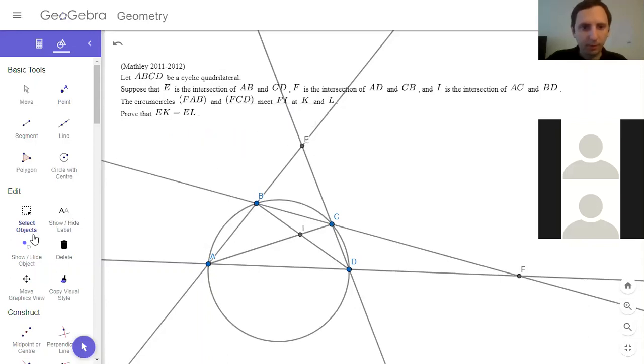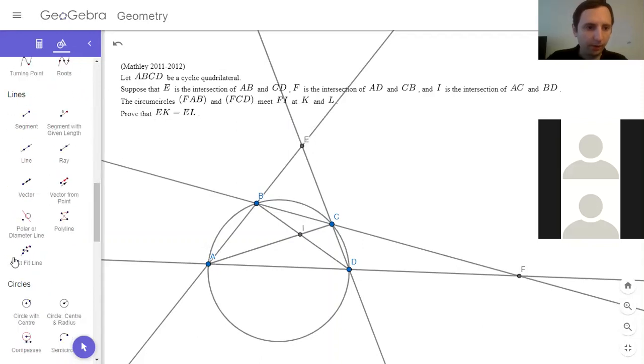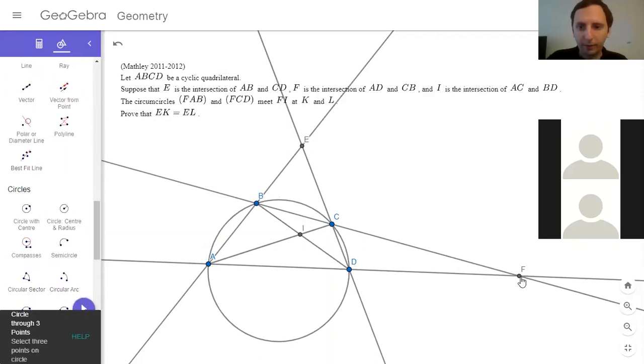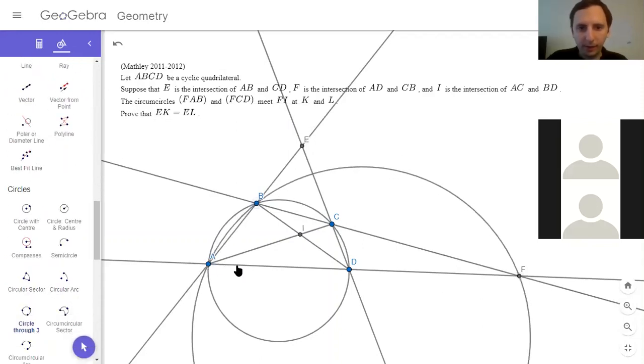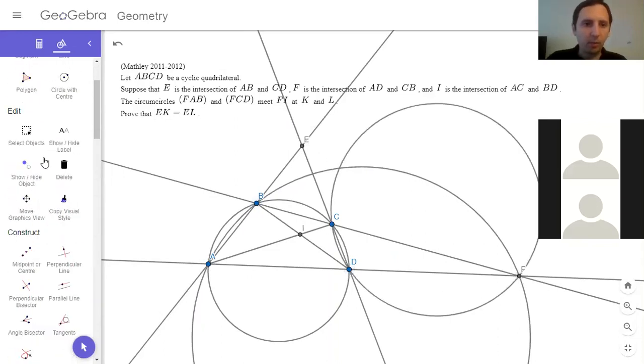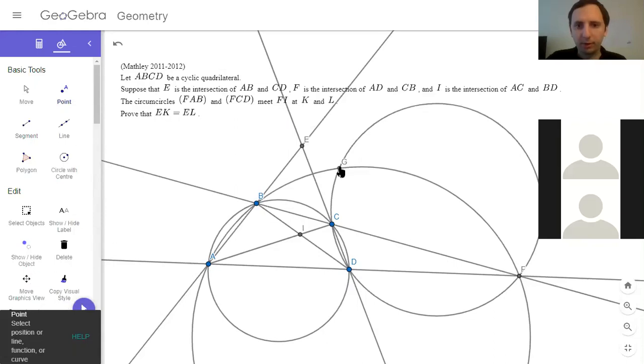And then the circumcircles of FAB and FCB. Okay, so these are going to intersect at the Miquel point of that quadrilateral, which lies on EF.